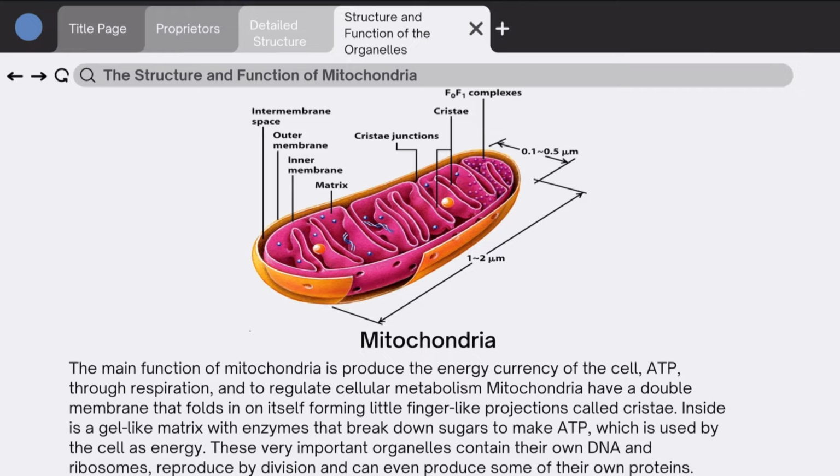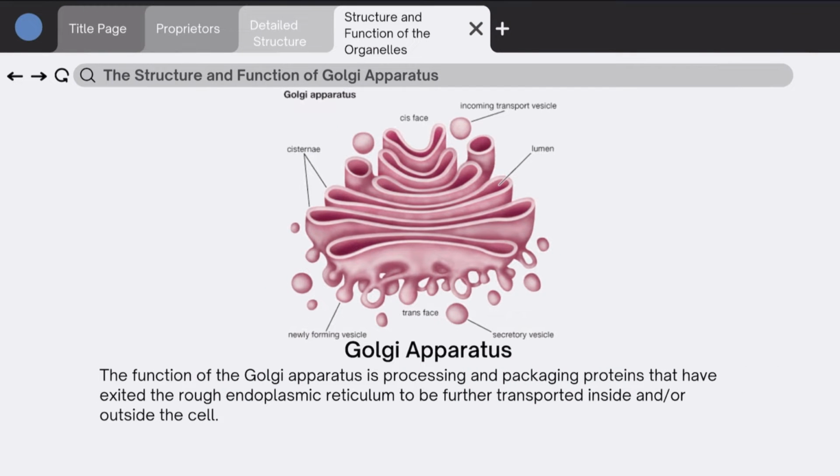Inside is a gel-like matrix with enzymes that break down sugars to make ATP, which is used by the cell as energy. Thus, very important organelles contain their own DNA and ribosomes, reproduce by division and can even produce some of their own proteins.